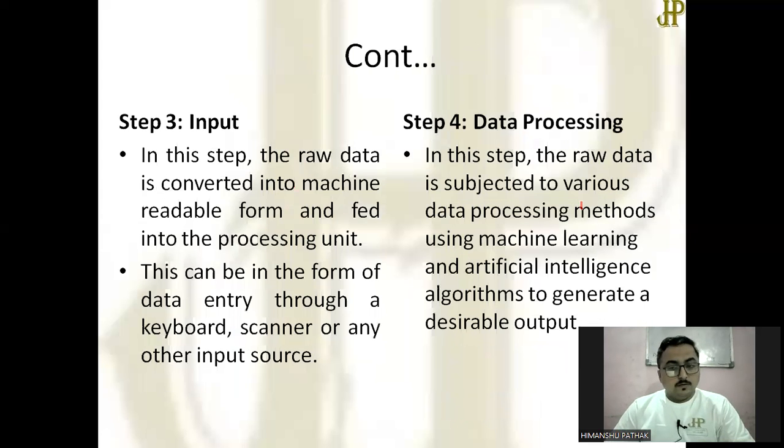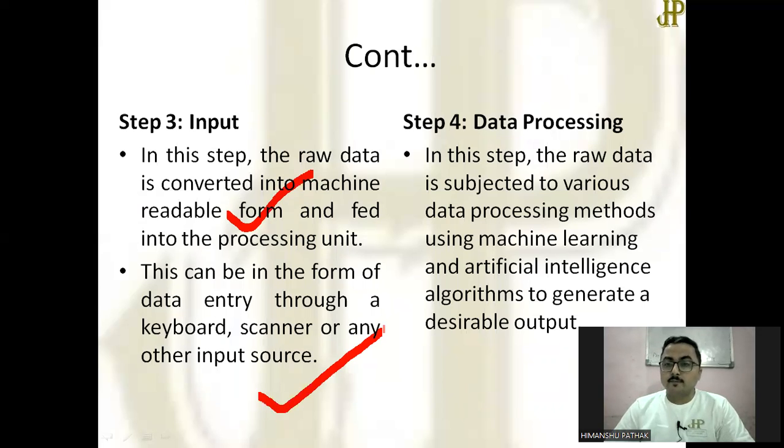Now we have clean data. Now it is input to the computer for the processing unit. Okay. So it is converted into machine-readable form and fed into a processing unit. This can be in the form of data entry through a keyboard, scanner, or any other input source.